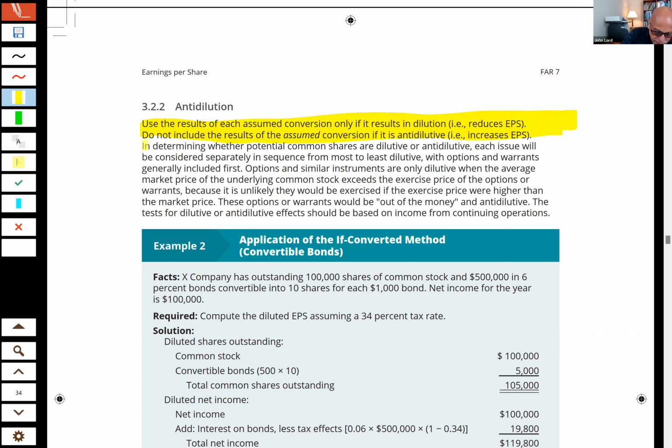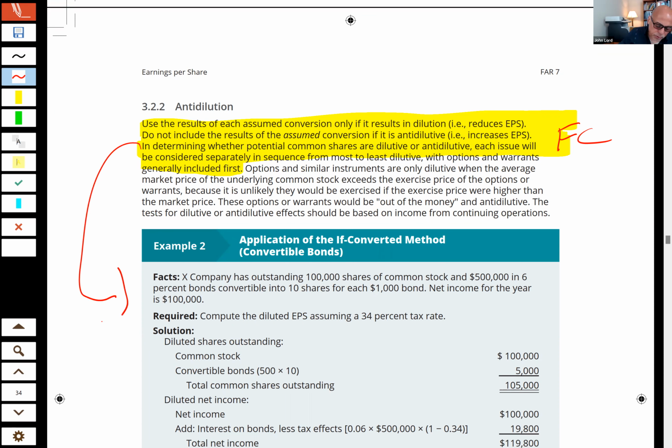And notice that in determining whether potential common shares are dilutive or anti-dilutive, each issue will be considered separately in sequence from the most to the least dilutive, with options and warrants generally included first. And we'll talk about options and warrants here in a while. And so flashcard that. Only report something if it is dilutive, and you calculate them separately.